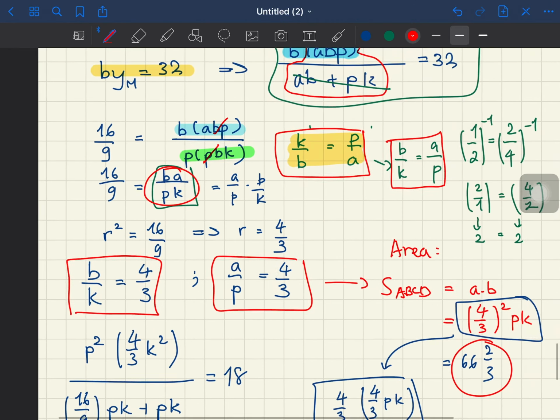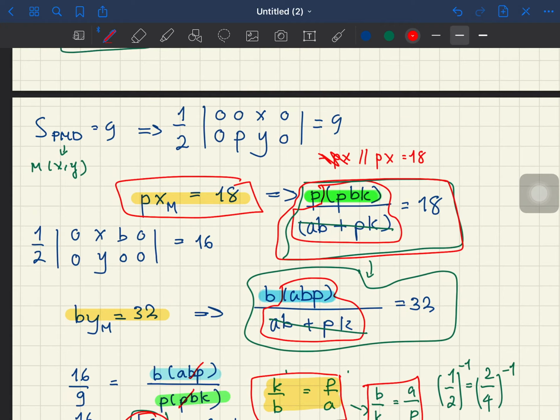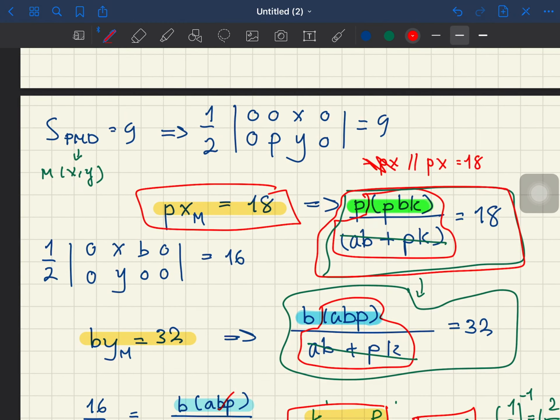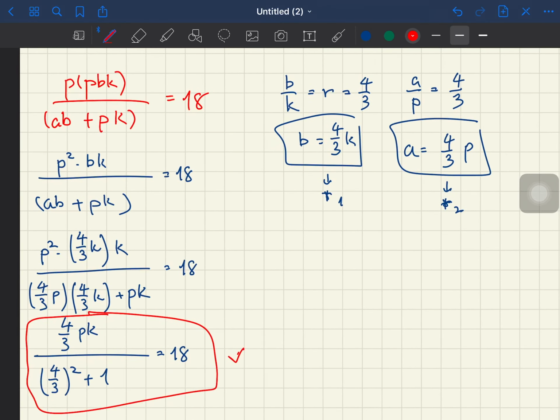And then we use, again, one of the area equations. We use the PXM equals 18 in this case, and then we manipulate it by substituting B equals 4 over 3 K and A equals 4 over 3 P, and then you will get everything in terms of PK, canceling the PK common factor, and then you will get 1 PK left.